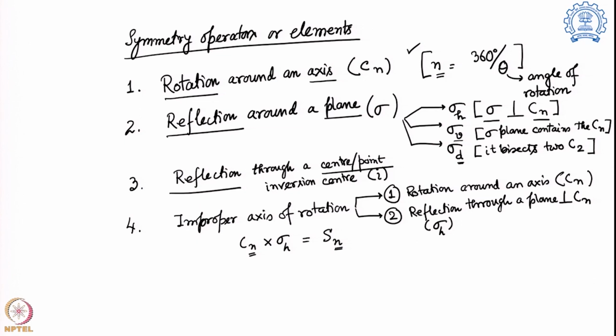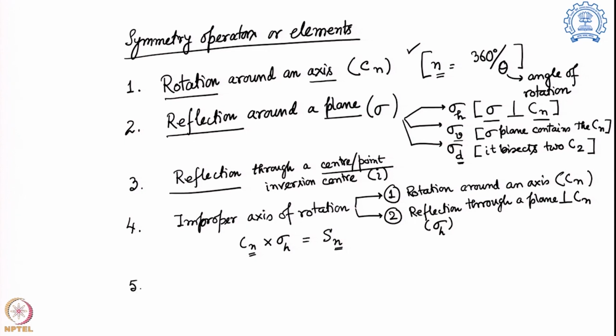So, if a molecule has a Cn axis of rotation and also has a sigma h, obviously this molecule is going to have an Sn axis. However, there is a possibility that the molecule does not possess a Cn and a sigma h at the position we are considering. However, after doing both these operations, I am getting a configuration which is superimposable and indistinguishable from the original structure. Then we can say our molecule has an improper axis of rotation.